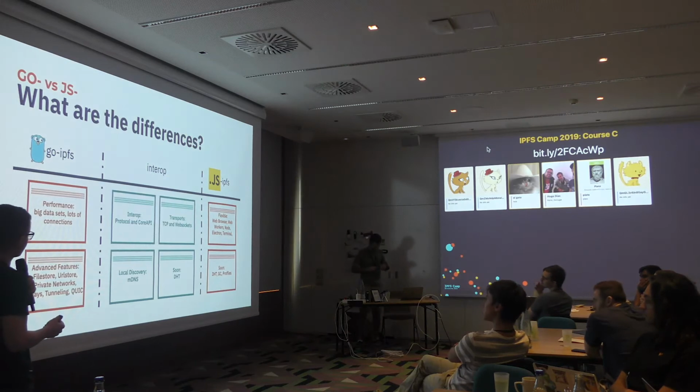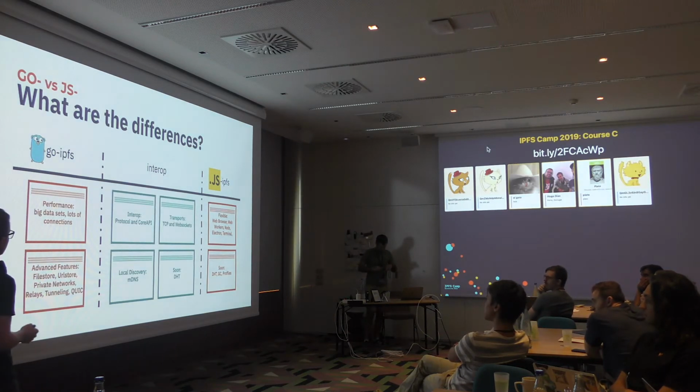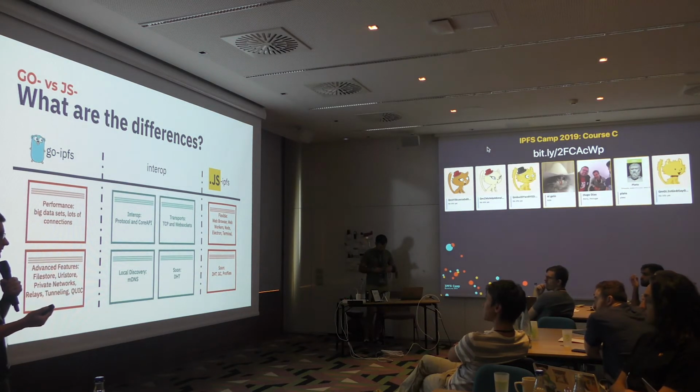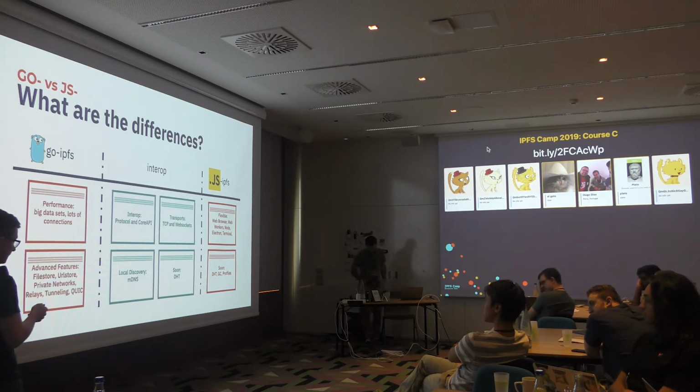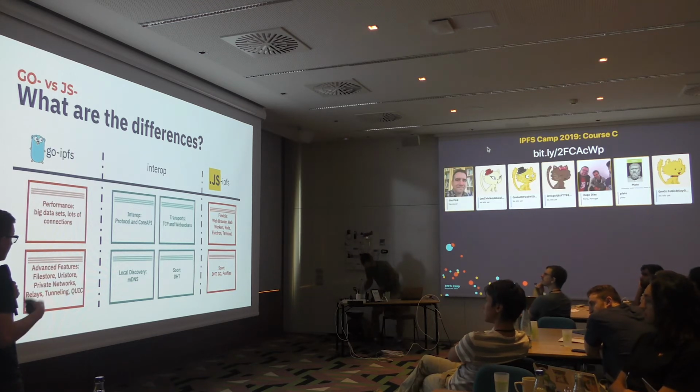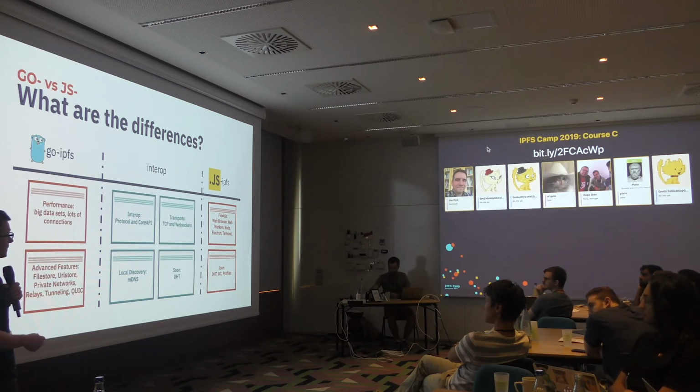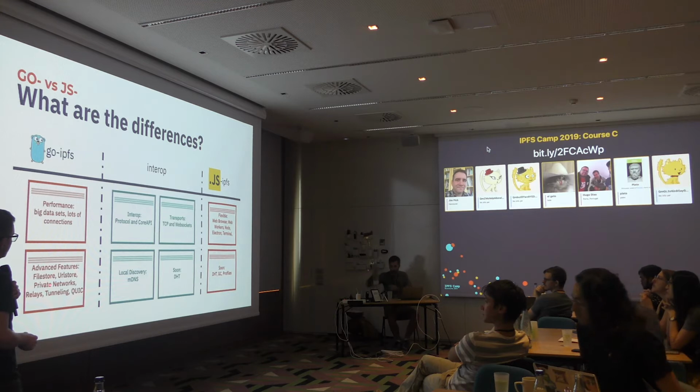What are other differences? That's a lot. However, the takeaway from this basic course is that you use go-ipfs in backend contexts when performance or additional features are meaningful for you. js-ipfs is the default choice in a web browser and anywhere where we work with JS or don't need one of those additional features.